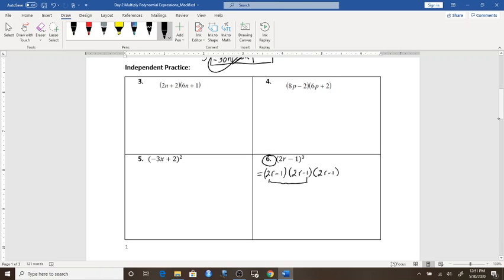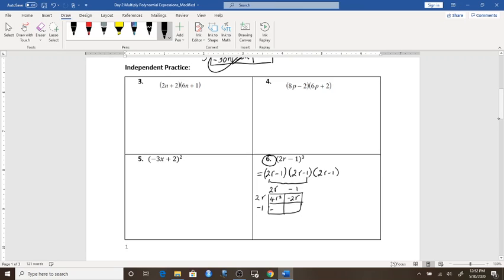So what we do is we make a box, a square, 2 by 2. We focus only on the first two terms. So the first two terms are 2r minus 1 and 2r minus 1. Then we multiply this, so we get 4r squared. 2r times negative 1 is negative 2r.